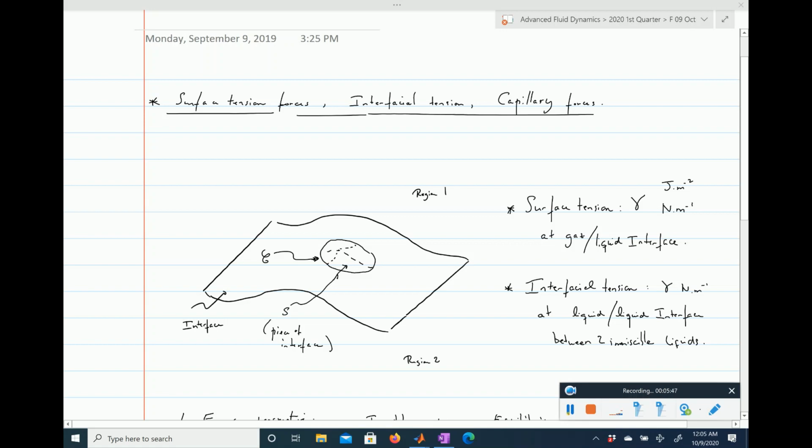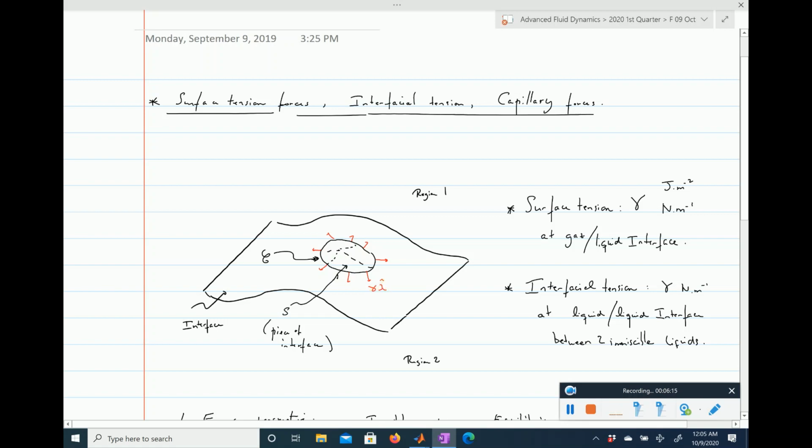a line force, so a force all along this contour. So the surface at the outside exerts onto S a force which is inside of the surface, so it's in the direction tangent to the surface, but in a direction which is normal to the contour and of a constant magnitude, which is gamma.